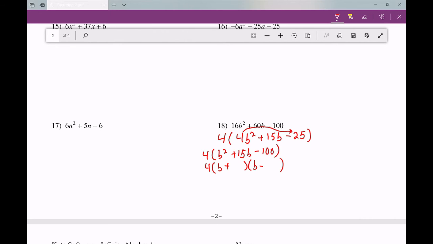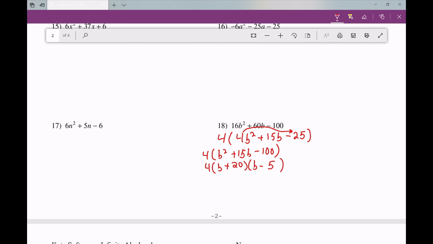All right? And I need to find a factor for 100 that when I subtract the two factors, they get me 15. And so again, I can always use my handy dandy calculator, put it in y equals, or hopefully you're good enough to go, well, 20 times 5 is 100, and I subtract those, I'll get 15.